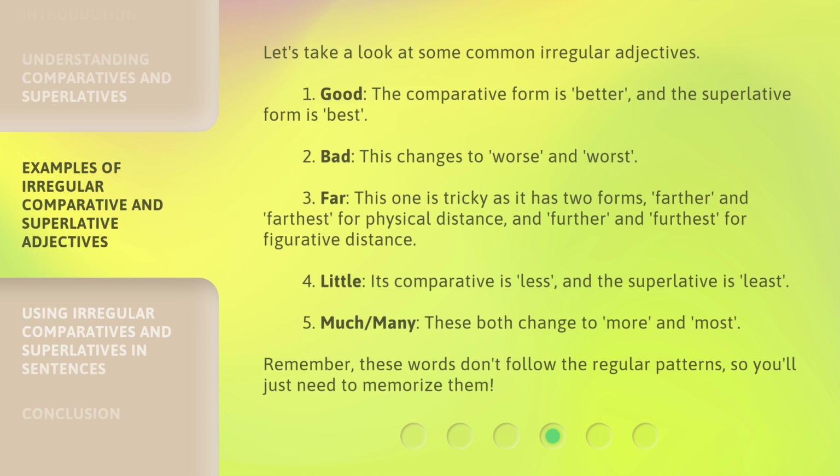Little. Its comparative is less, and the superlative is least. 5. Much, many. These both change to more and most. Remember, these words don't follow the regular patterns, so you'll just need to memorize them.